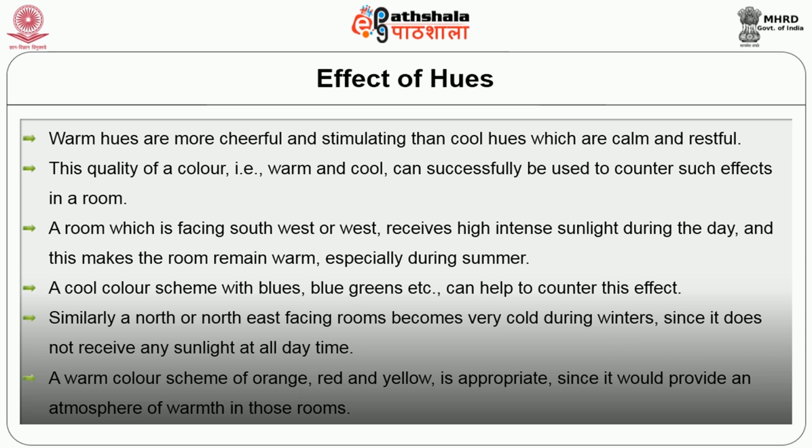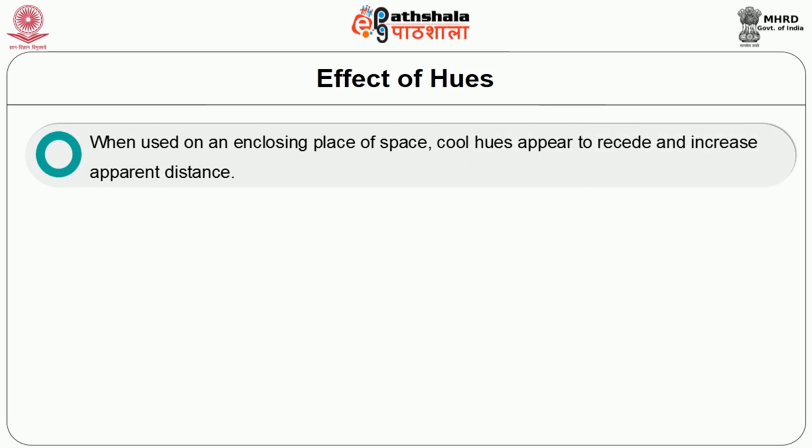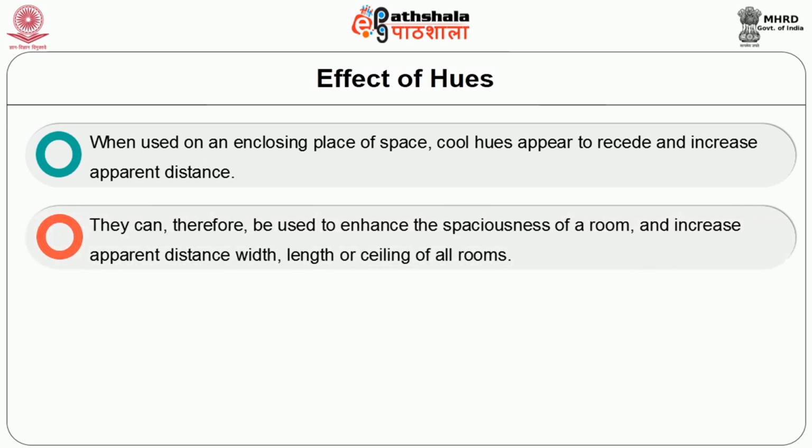in those rooms. When used on an enclosing plane of space, cool hues appear to recede and increase apparent distance. They can therefore be used to enhance the spaciousness of a room and increase apparent distance, with the ceiling of all rooms.